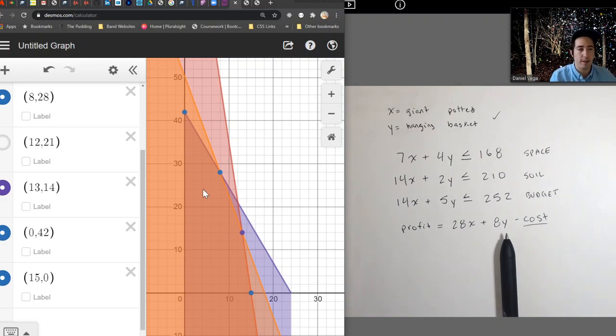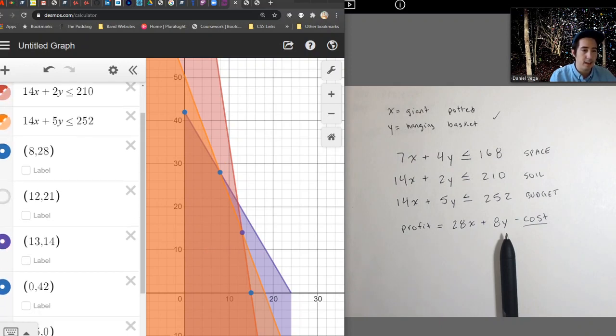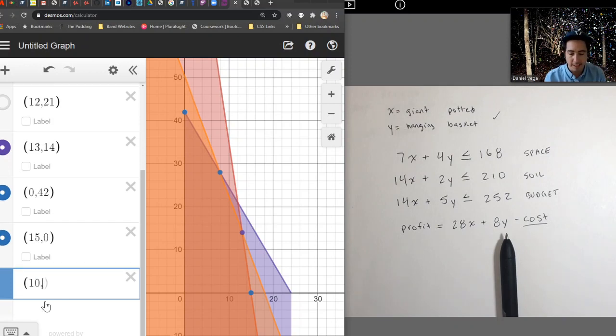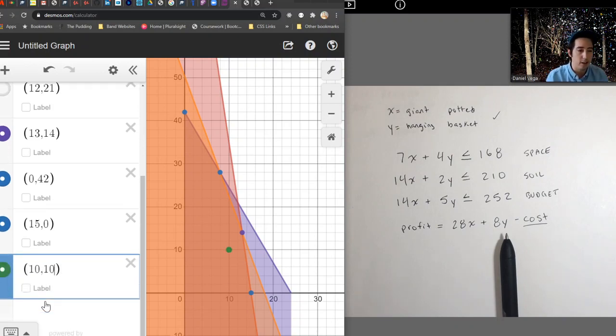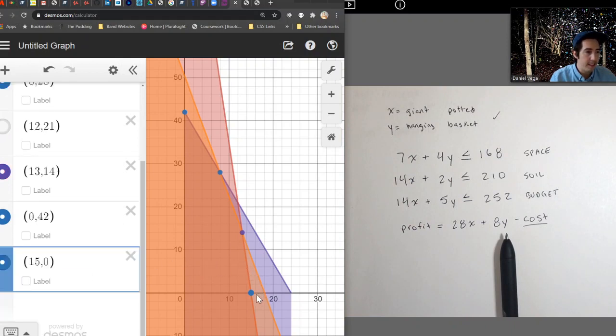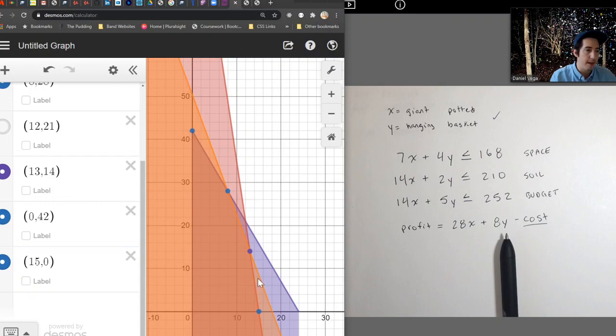There are more points, like 10.10, that are underneath all the shaded areas, and so is 5.5. All of these points are underneath the red, orange, and purple, but these 4 points are sort of at the maximum.